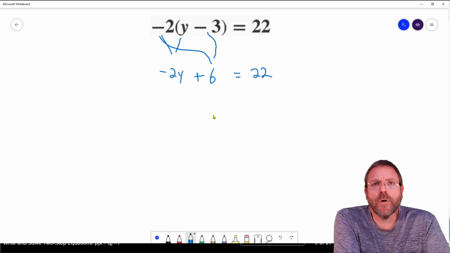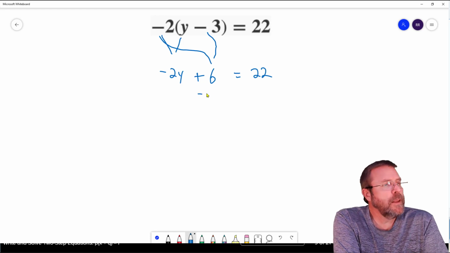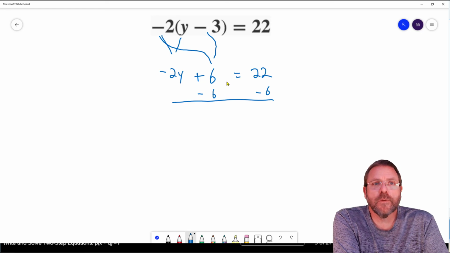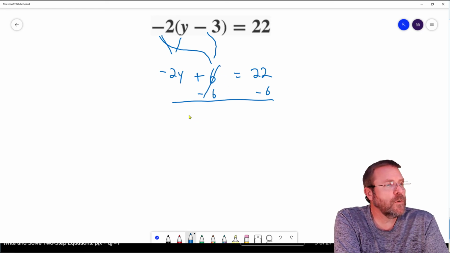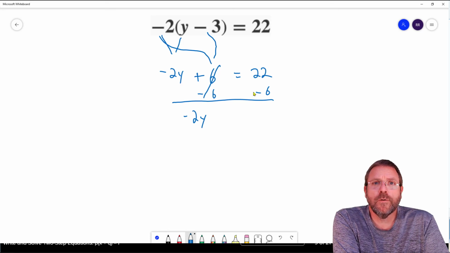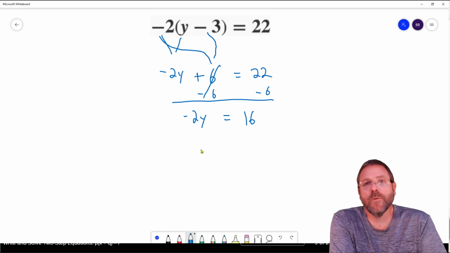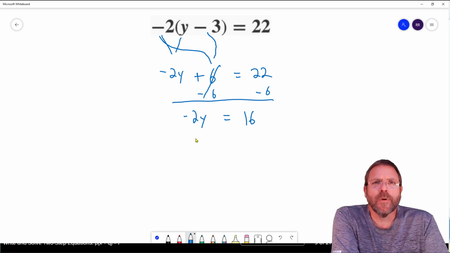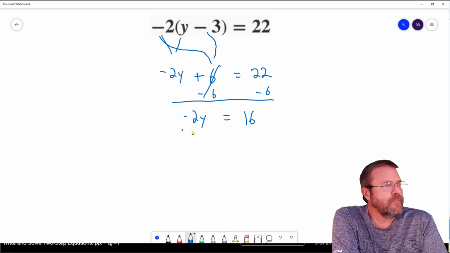From there, I'm going to undo addition and subtraction by subtracting 6 on both sides. The 6's on the left, you can say goodbye to them, they're gone, leaving a negative 2y. And on the right, 22 minus 6, that's going to leave me with a 16, and of course there's an equal sign between them. Now I'm going to undo multiplication and division by dividing by negative 2 on both sides.